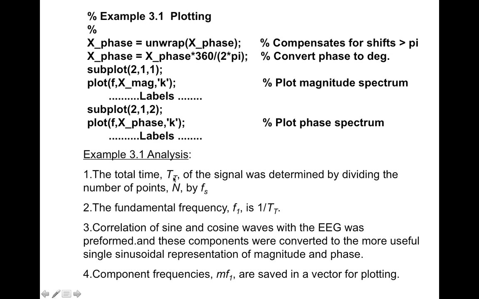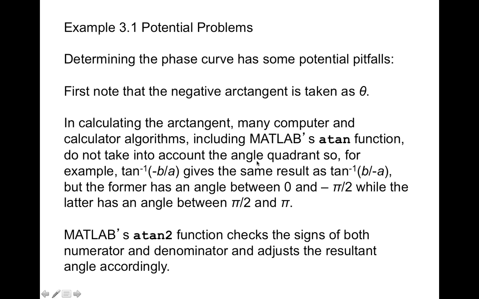So the total time was determined, as we said, by taking the number of points and dividing by the sampling frequency. The fundamental frequency is 1 over that total time. The correlation with sine and cosine waves was performed, and then they were converted to a single sinusoid representation using magnitude and phase. The component frequencies are saved in a vector for plotting.